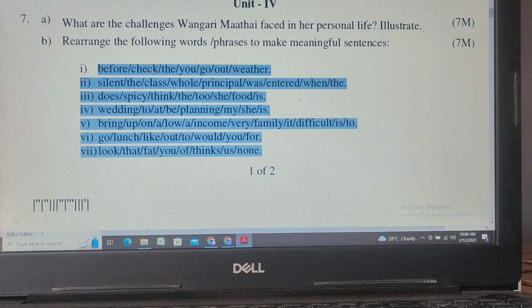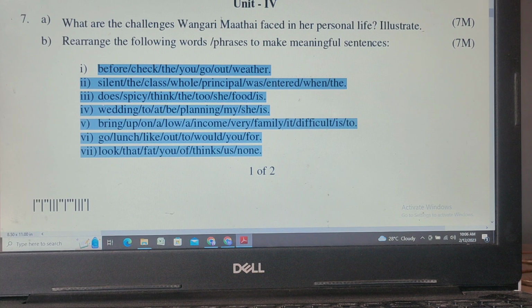We can answer this as 'check the weather before you go out.' So you have to put this jumbled sentence in order. Slow learners, I request you to please analyze this set of words and put them in proper sentences, where you can get full marks, 7 out of 7, because here it is a grammar topic touched by the paper.